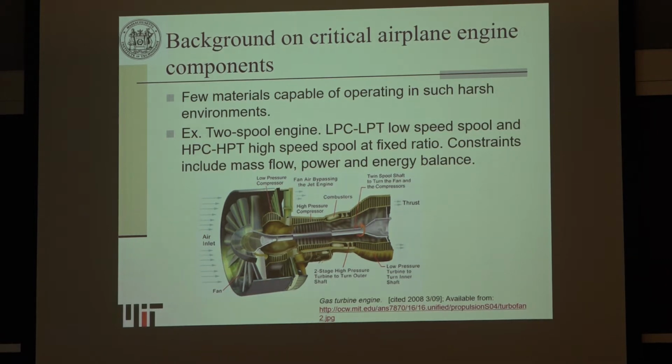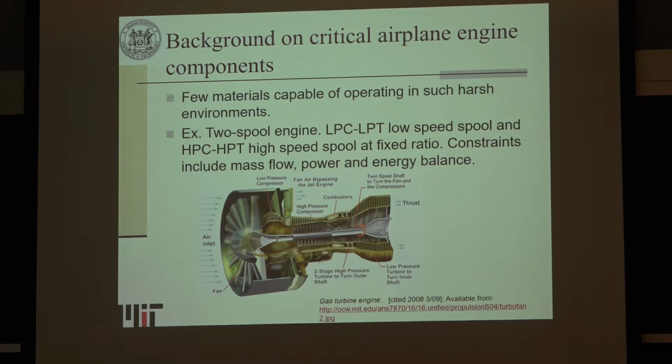So the example shown here was for a 2-spool engine, which deals with how the engine actually rotates. And this isn't an aero-astro class, but there are whole classes on engine design. One of the things to be cognizant of is that the speed at which the engine rotates and the temperatures at which you want the turbine inlet to reach all deal with the efficiency of the engine and all have constraints.